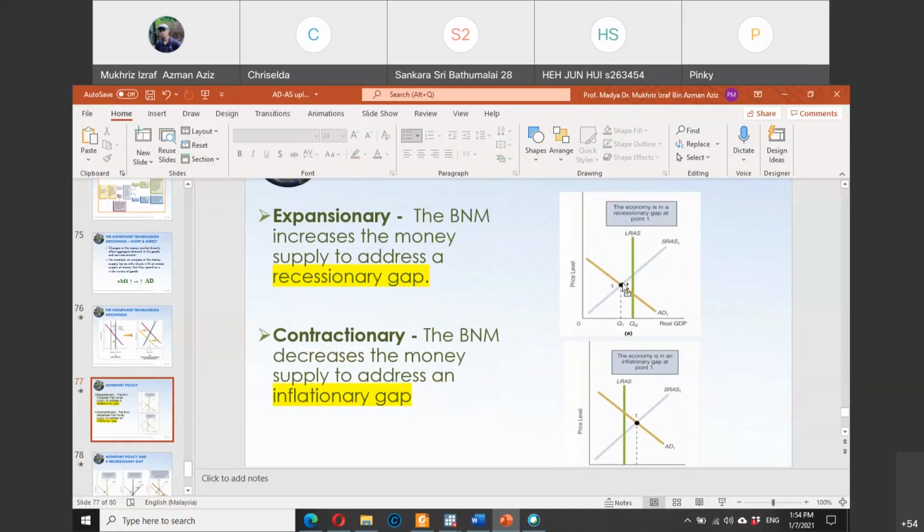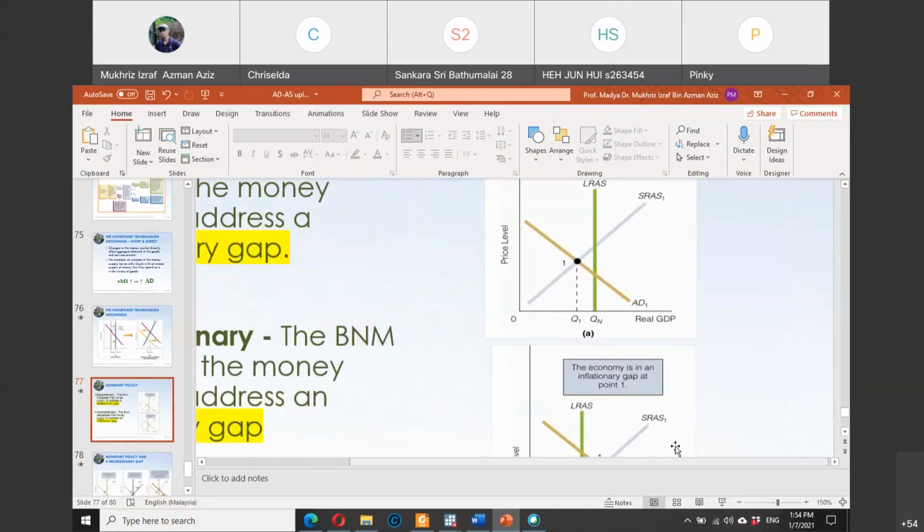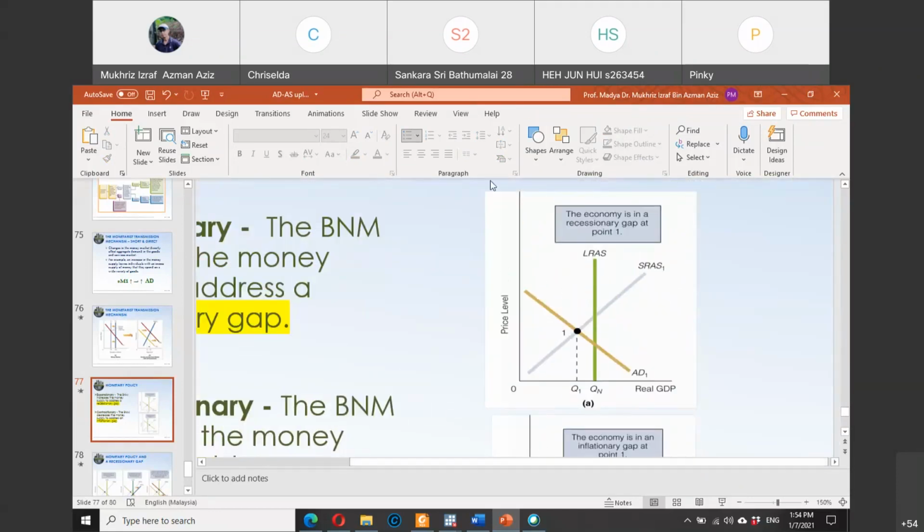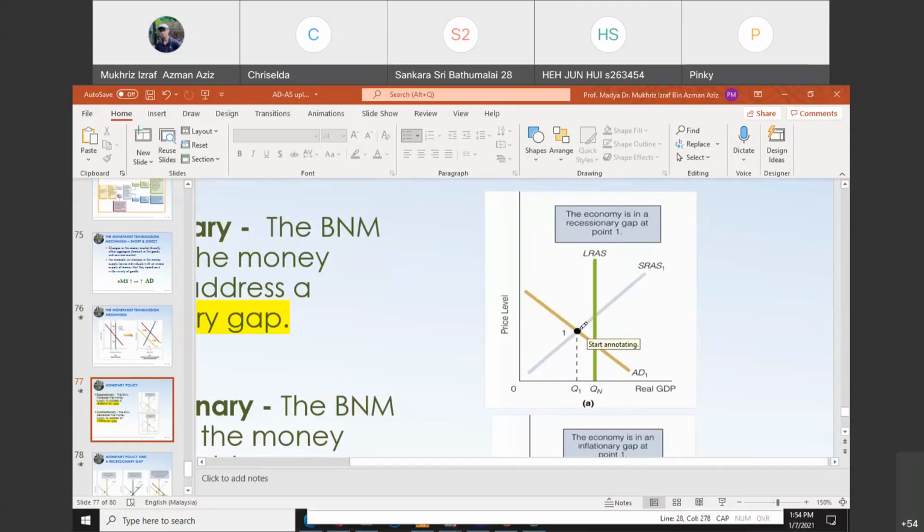If you look at this graph here, the gap between point number 1 and this point here: when the long run supply curve intersects with the aggregate demand curve, this is the equilibrium in the long run. This is the equilibrium in the short run, where the short run supply curve intersects with the aggregate demand curve.